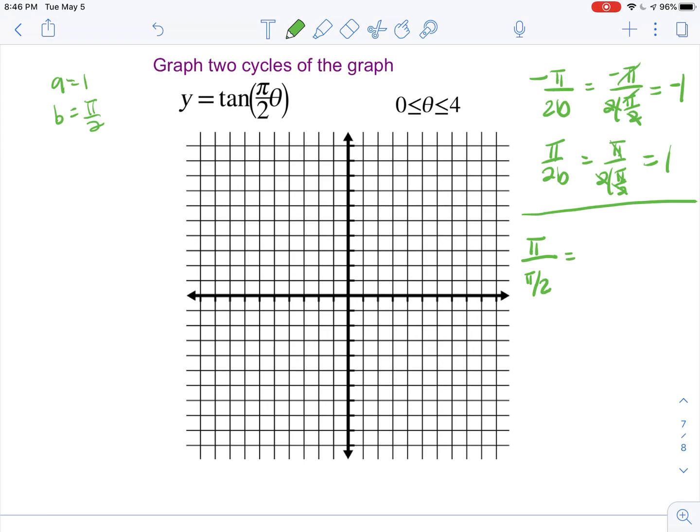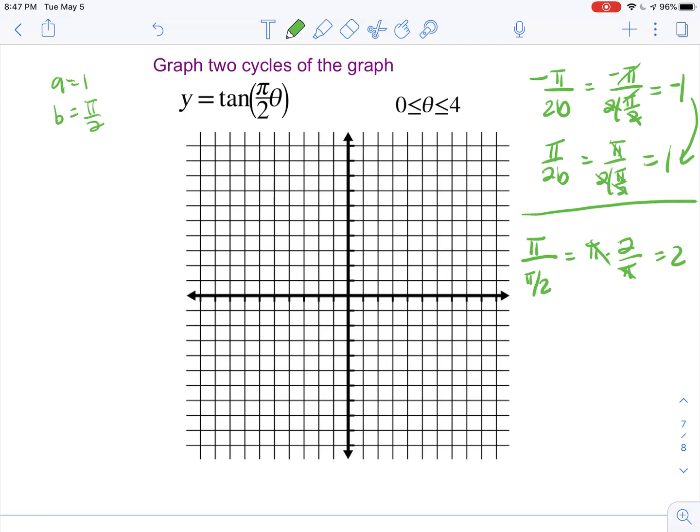So what does that mean for my period? Well, if I take pi and I divide it by pi over 2, keep, change, flip, we get 2 as our period, which makes sense because the distance from -1 to 1 is 2 units.